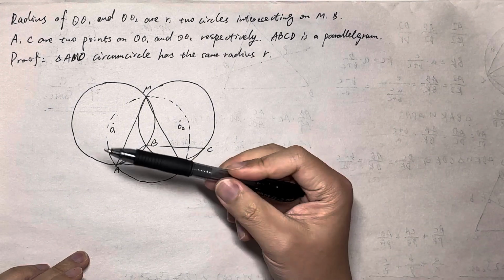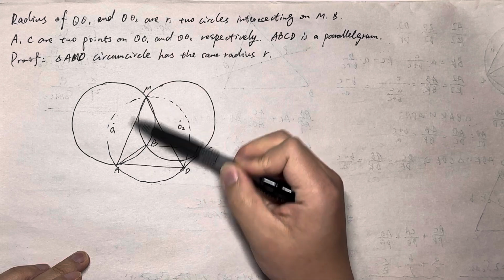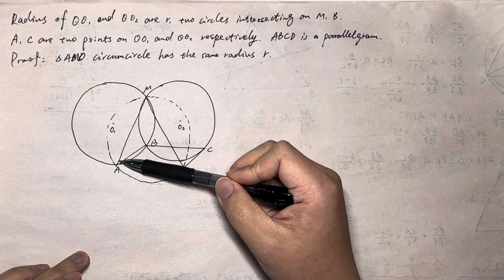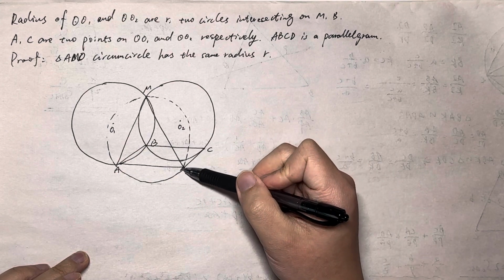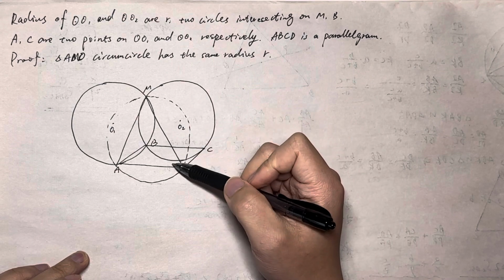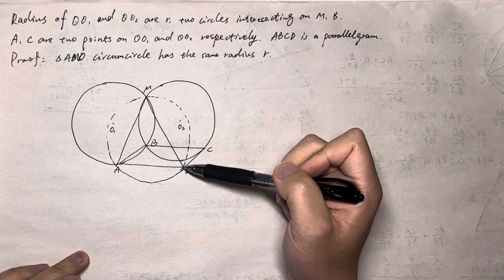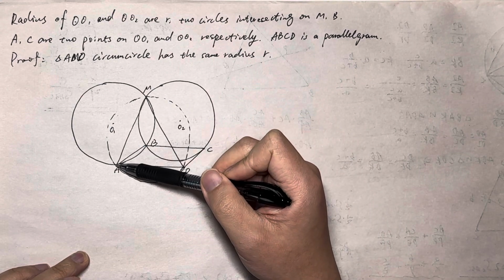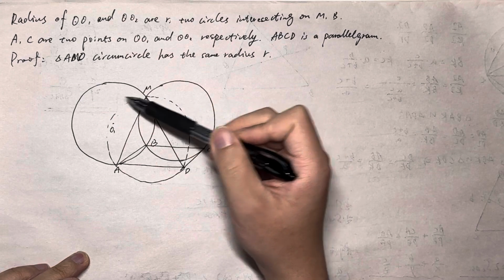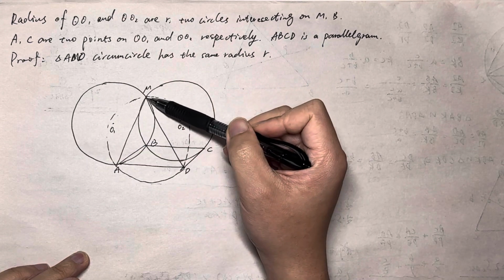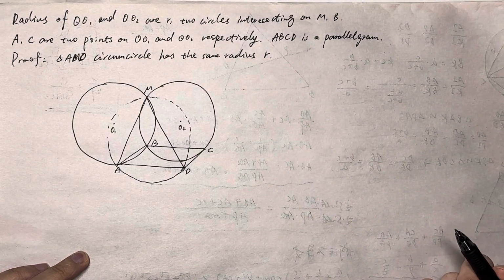If we can find that the angle ADM, referring to the same chord, equals another angle inside circle O1, then we have proved it.